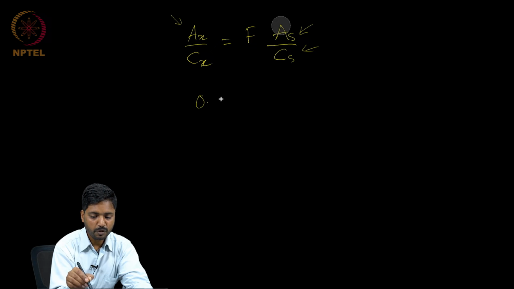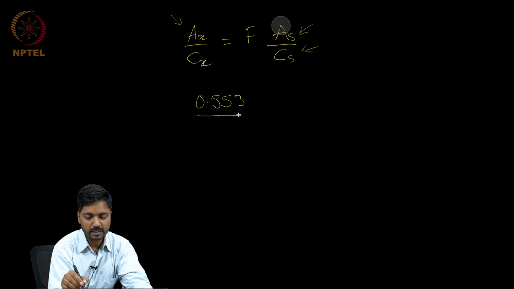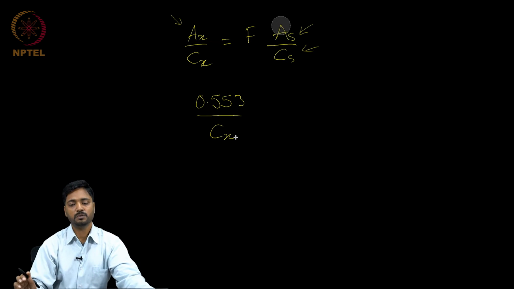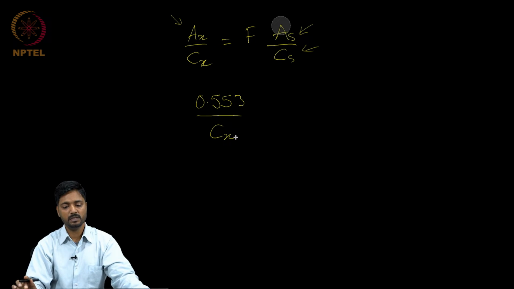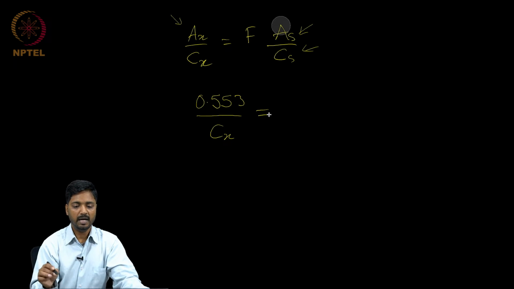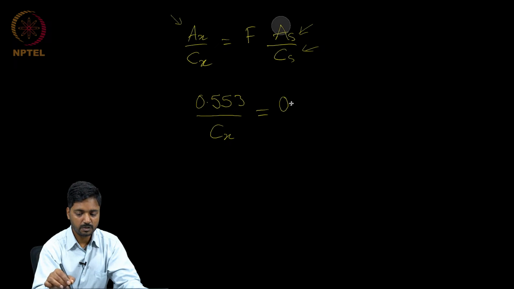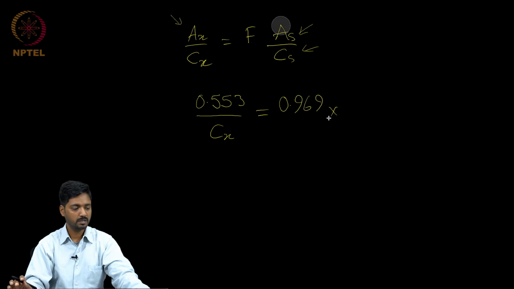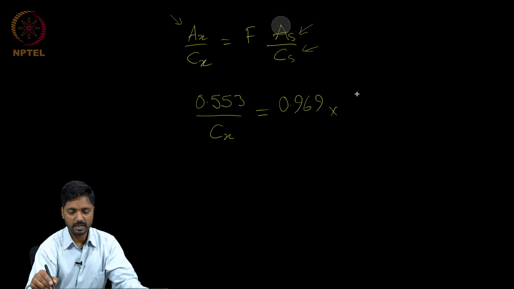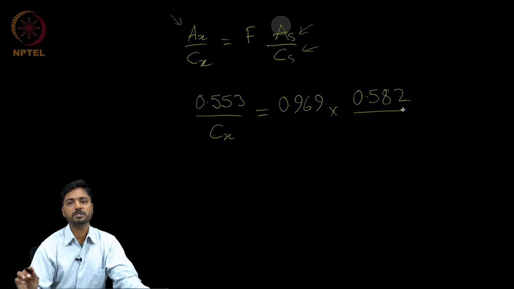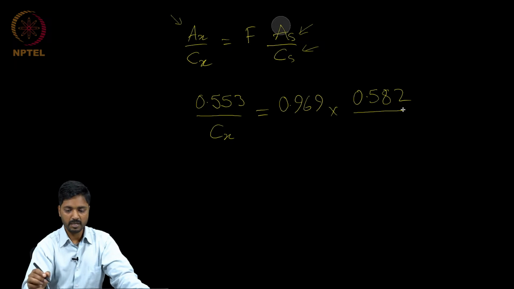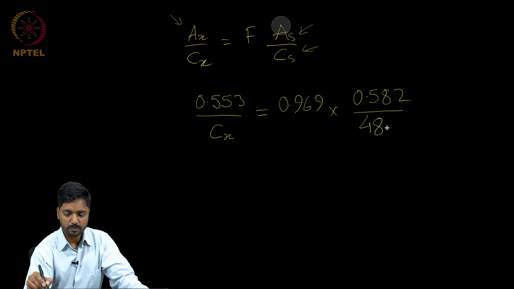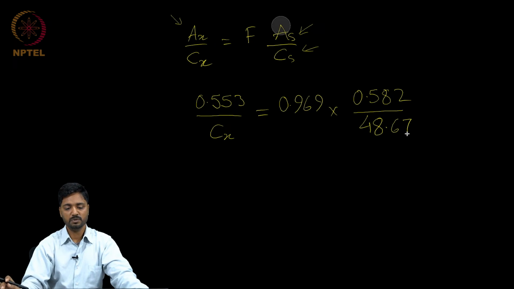So the absorbance due to the sample was 0.553. At this moment we do not know the concentration of the sample in this 30 ml volume, and the response factor was 0.969, and the absorbance coming from the standard was 0.582, and the concentration of the standard that we just calculated was 48.67 millimoles.